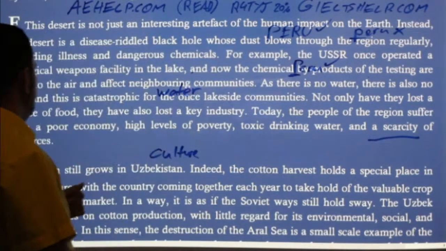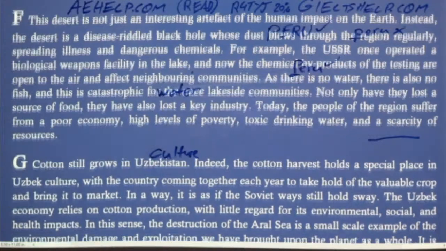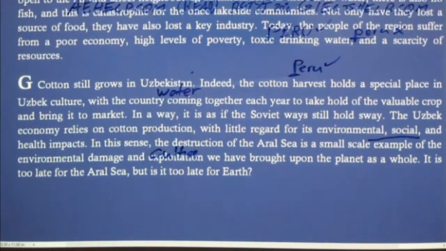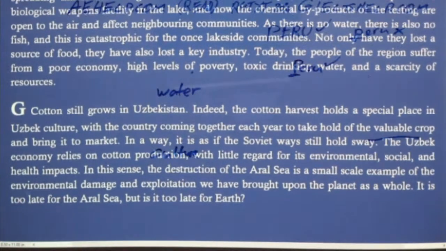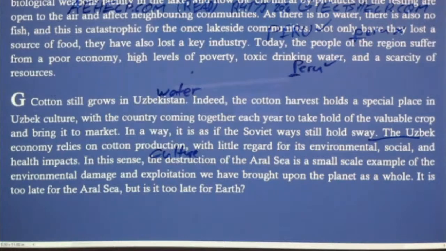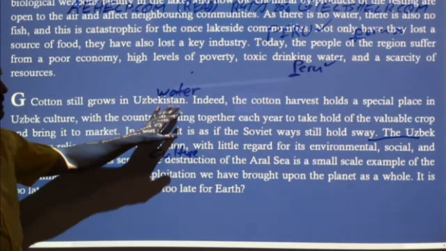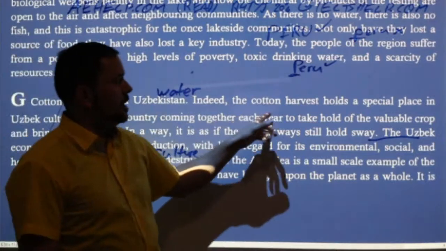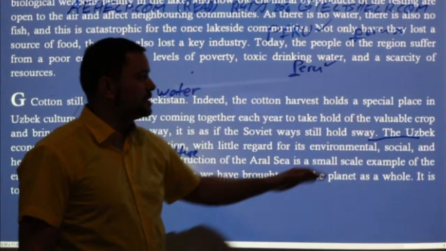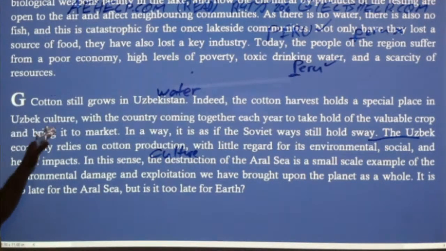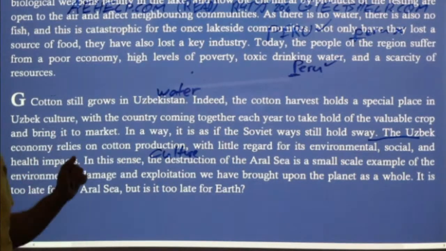That doesn't seem right. So I go a little bit further because I remember that, no, okay, F was more about the toxic effects and all of that. So I go to G. Cotton still grows in Uzbekistan. Indeed, the cotton harvest holds a special place in Uzbek culture, right? So there it is.